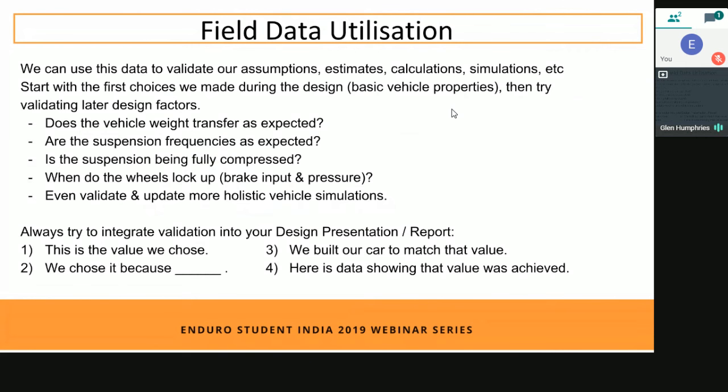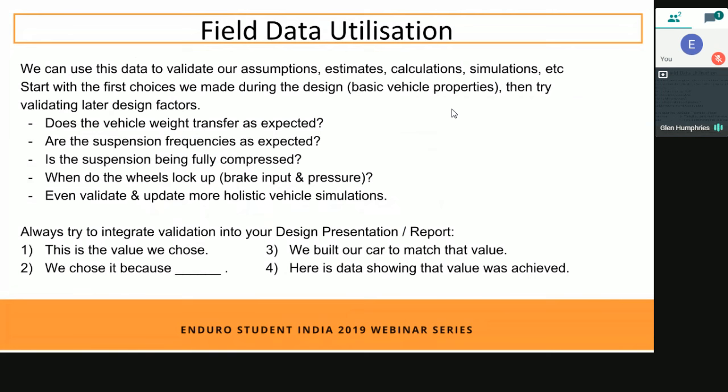We can validate that assumption either by saying, yes, we were correct, we have got the right ground clearance, because we can see that the vehicle almost uses all of its ground clearance, but it doesn't touch the ground, therefore we're pretty spot on. We can say we made a valid estimation early on, or we can look at it and say, this value needs to change in future designs.